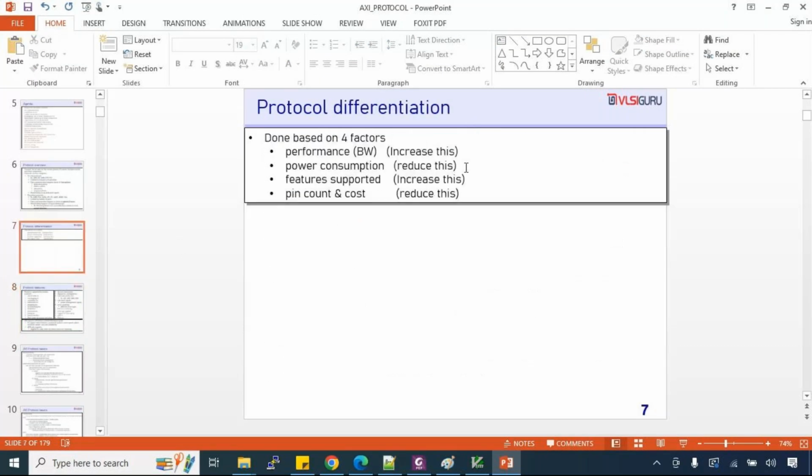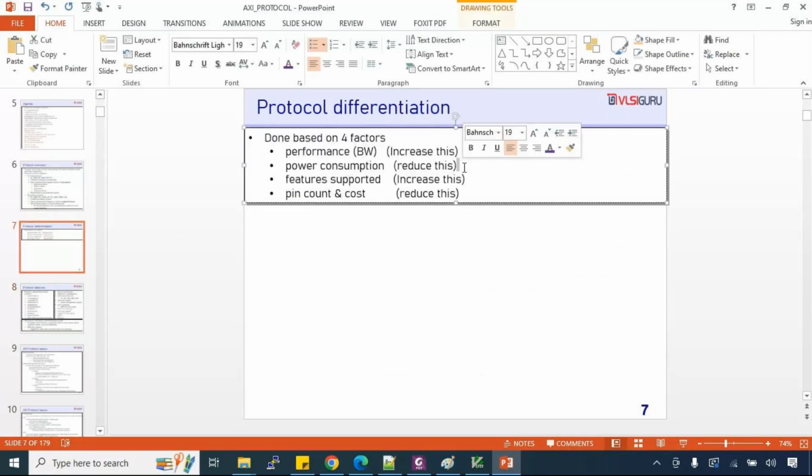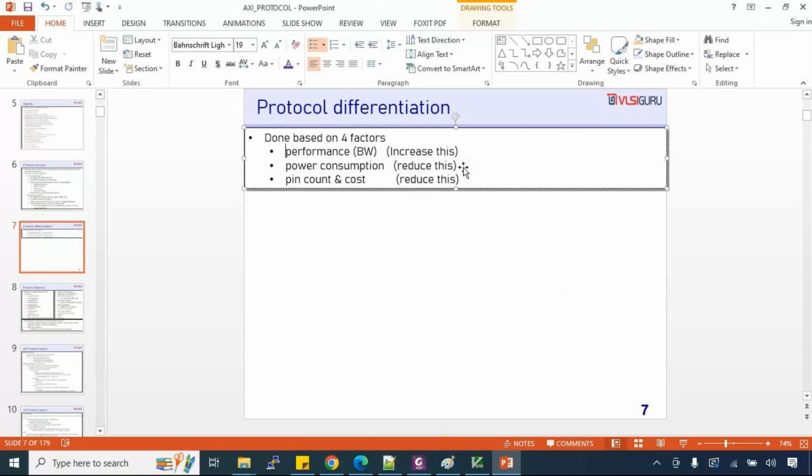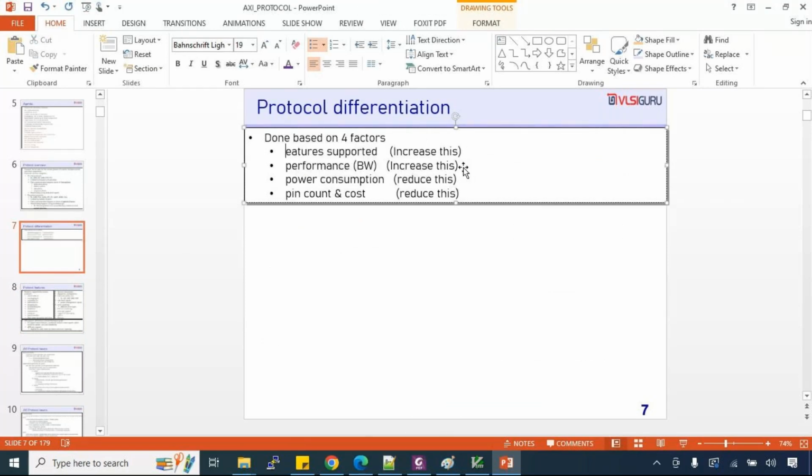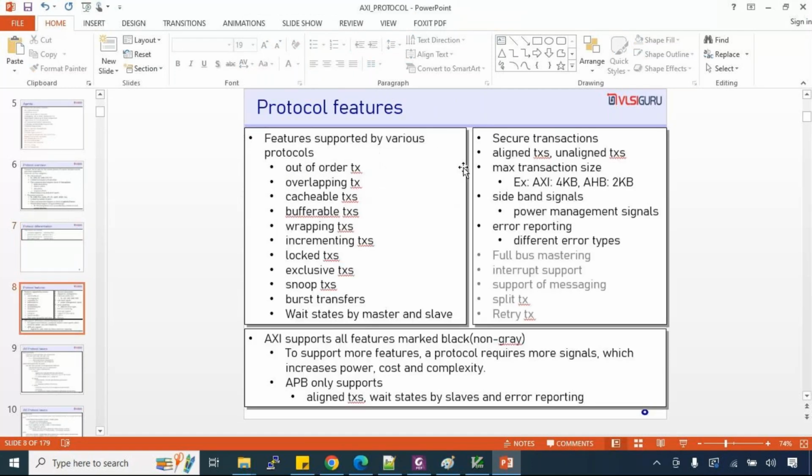First, one of the things we are talking about, what? Features. What features are supported? Different protocols support different features, like out of order transactions, overlapping transactions, cacheable transactions, bufferable transactions, wrapping transactions, incrementing transactions, locked transactions, like that.